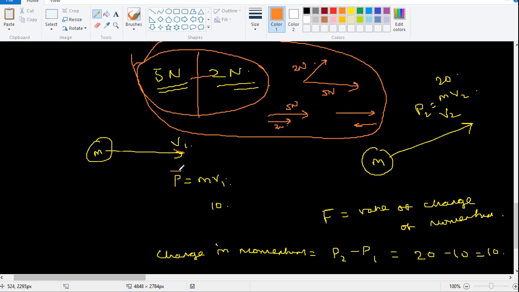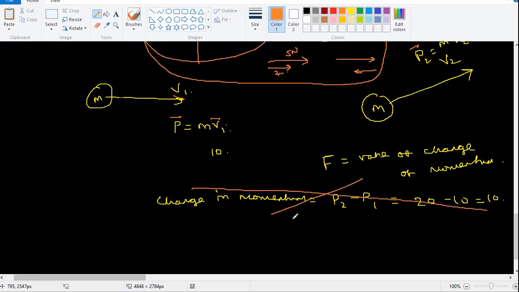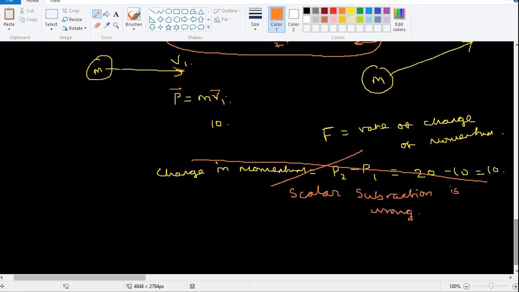Surprised nobody is answering. If velocity has a direction, momentum will also have a direction. So this is completely wrong. Take it down like this, only then you will not make mistakes: scalar subtraction is wrong. So what are we supposed to do? We are supposed to do vector subtraction.